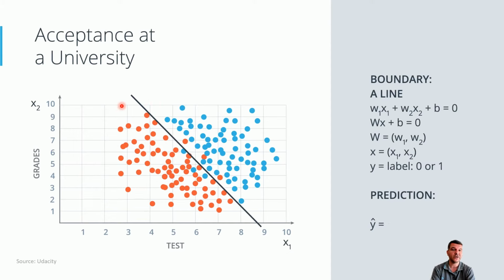Or if it's here, it will be negative, so we will call it red. So our y hat is 1 if the result coming out of this equation puts us on this side of the fence, or 0 if it puts us on this side of the fence.